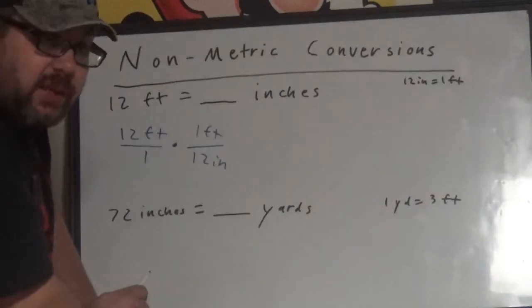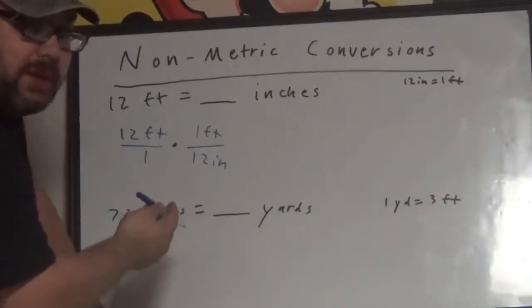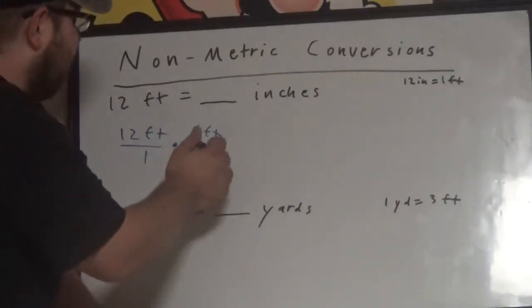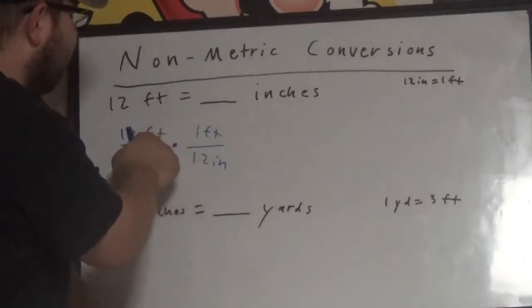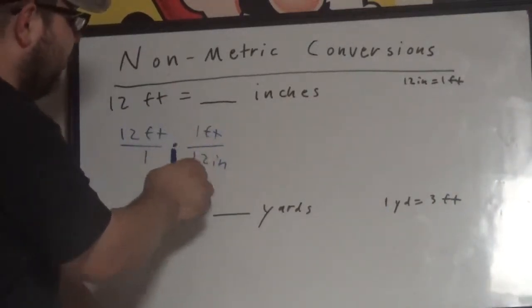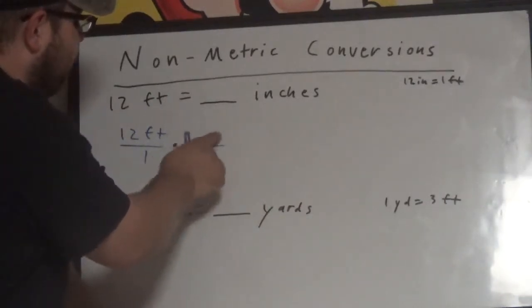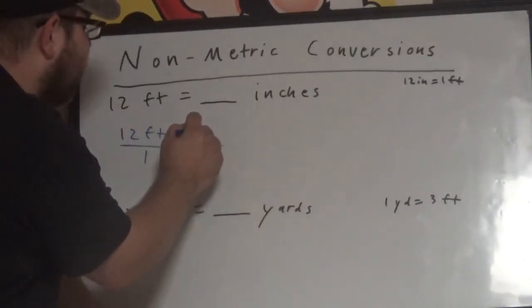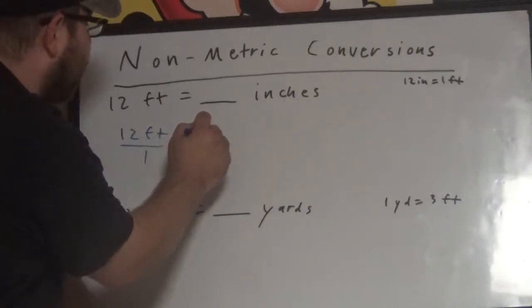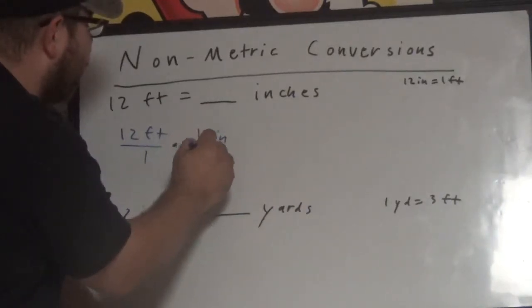Can't have that. Our answer wouldn't make sense because we'd have some number of feet squared over some number of inches. What we want to do here is put 12 inches over 1 foot.